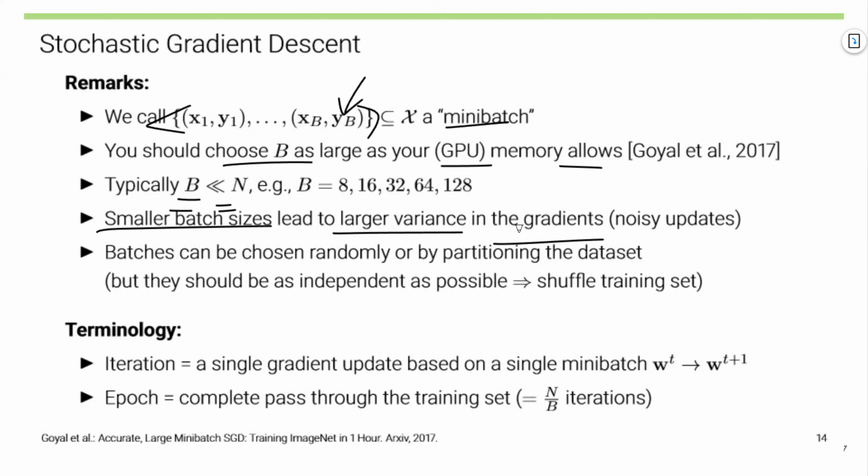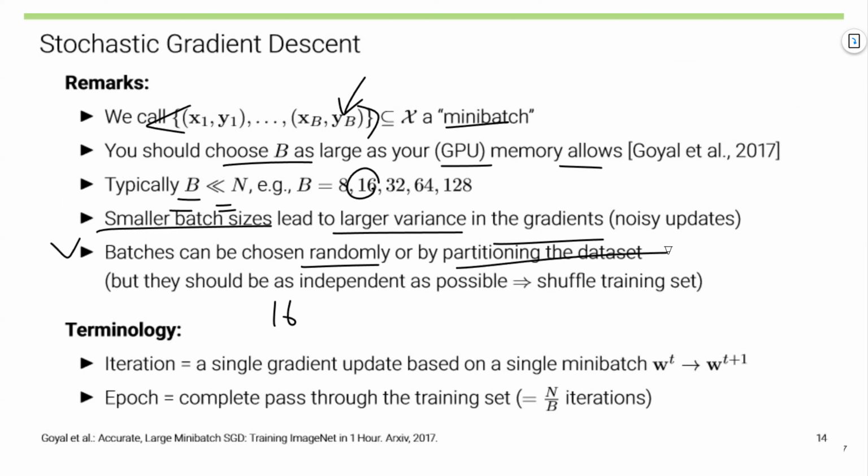That's intuitive. And when you are constructing your batch, there are two options. The first option is, let's say our batch size is 16, you choose 16 samples randomly at each point.